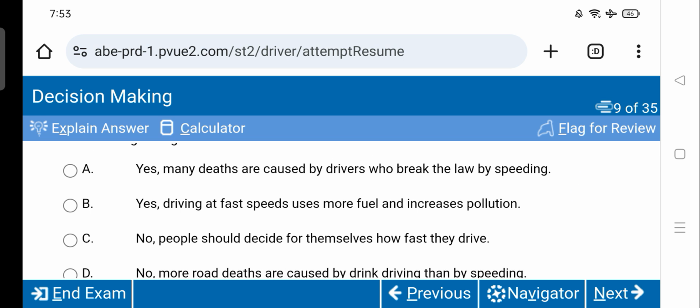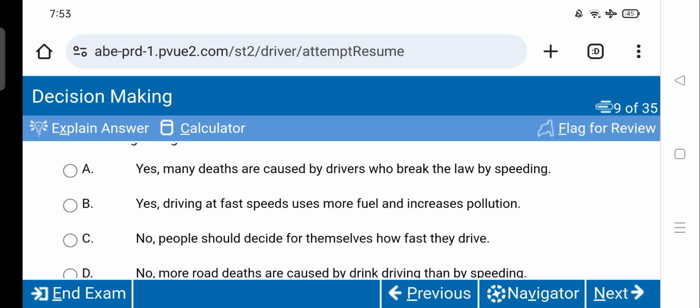Option A, yes, many deaths are caused by drivers who break the law by speeding. Option B, yes, driving at fast speeds uses more fuel and increases pollution.